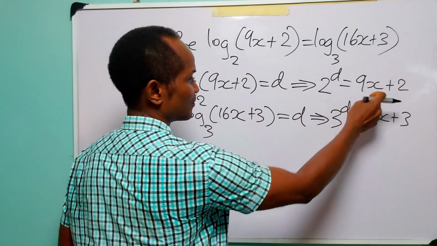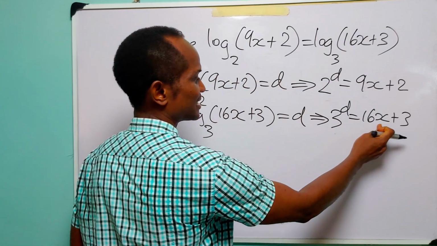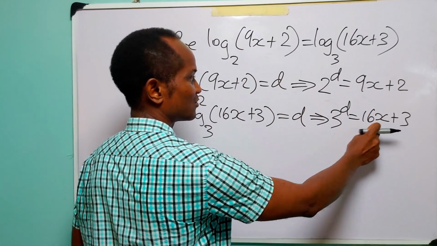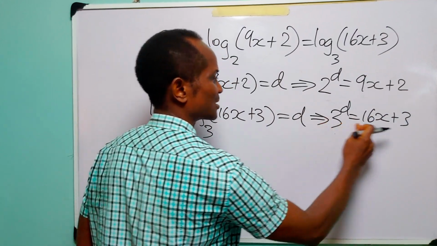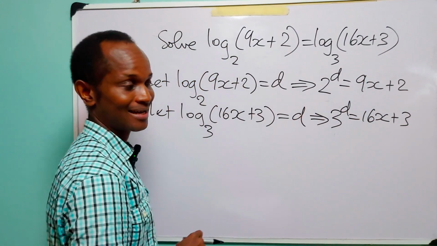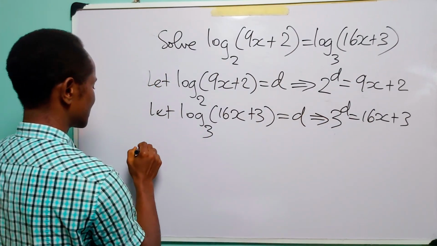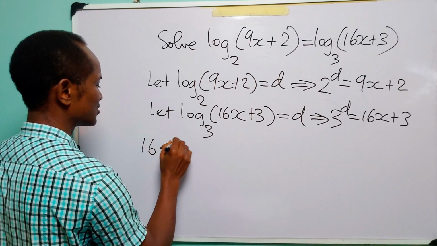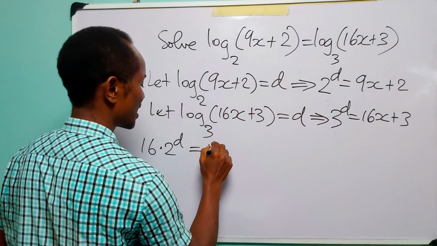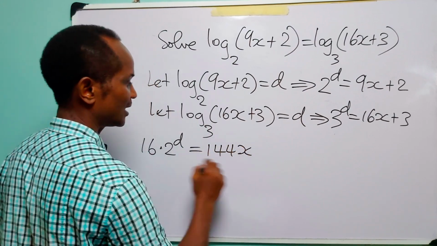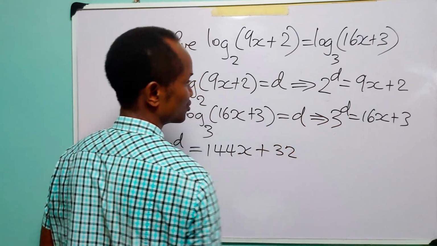Now we have two equations in two unknowns. To solve this, let us eliminate x. Of course, to do this, we have to multiply the first equation by 16, and the second equation by 9. When we multiply the first equation by 16, we have that 16 times 2 to the power d is equal to 16 times 9, which is 144x, plus 16 times 2, which is 32.